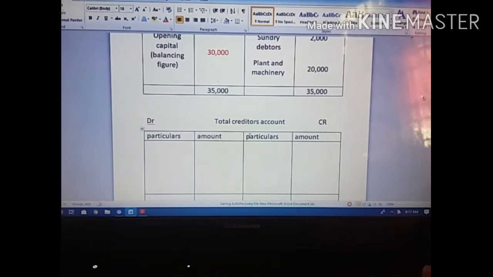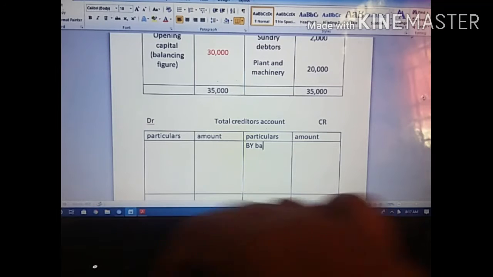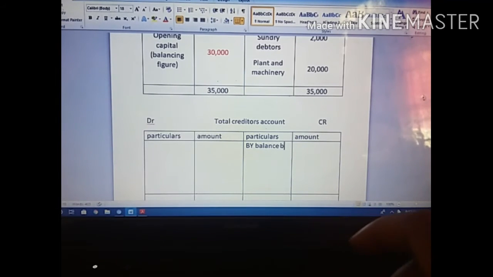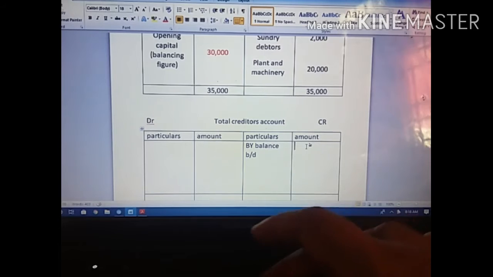So first you have to put an opening balance of creditor. While you are writing here, by balance B bar D. So this is an opening balance. So you have to write B bar D. So opening balance they are given, 5000.